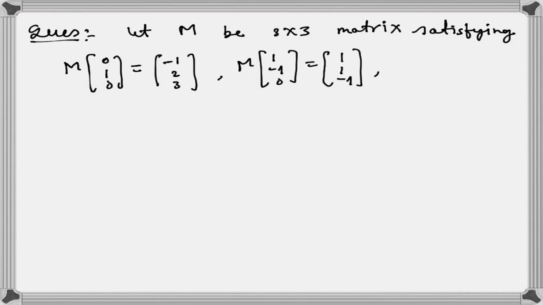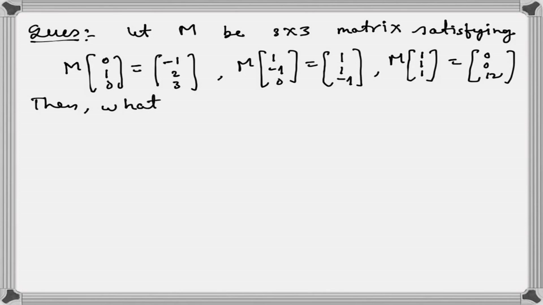Third one is M times (1, 1, 1) equals (0, 0, 12). Okay, then what will be the sum of the diagonal entries of M?